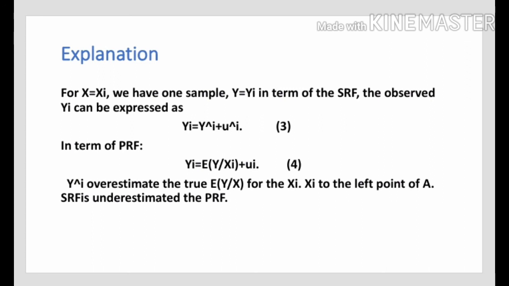Now observe that yi can be expressed as yi equals yi hat plus ui hat, and in terms of the PRF, yi equals expected y given x plus ui. yi hat overestimates the true expected y given xi, while to the left point of the SRF it is underestimated. The PRF stands for the population regression function.